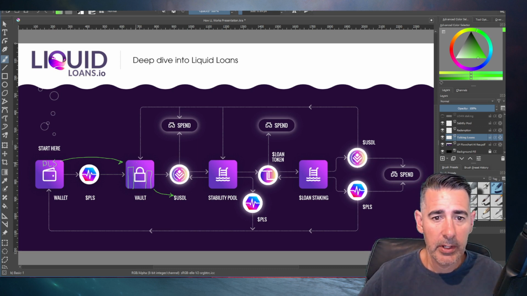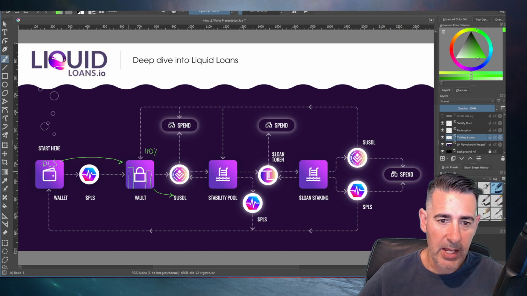How does that look? We need to deposit a minimum of 110% collateral ratio. What that means is we need to deposit essentially 10% extra in value as a minimum.